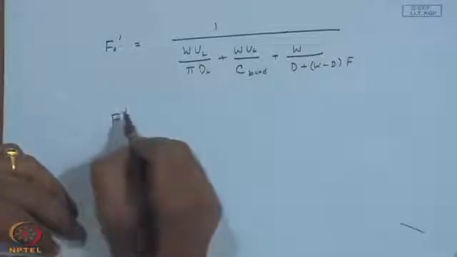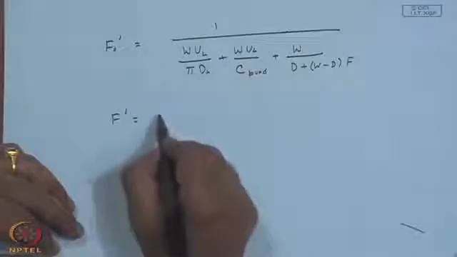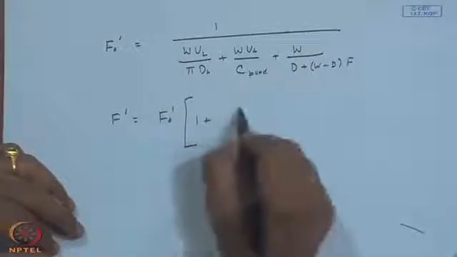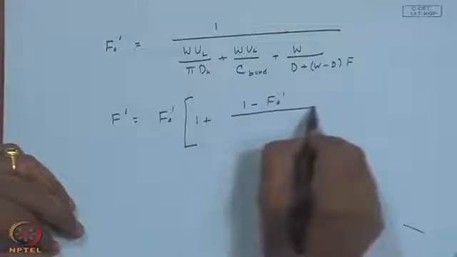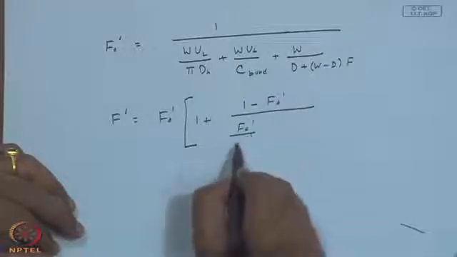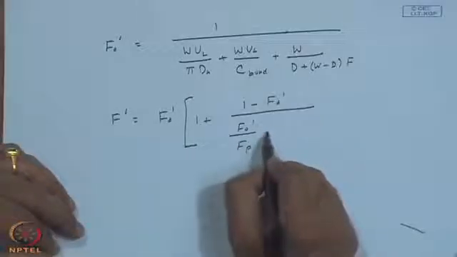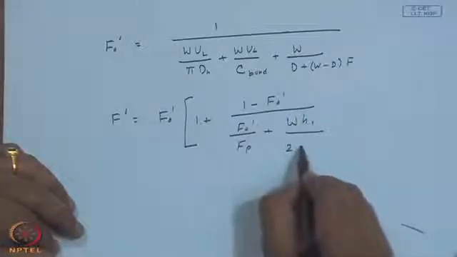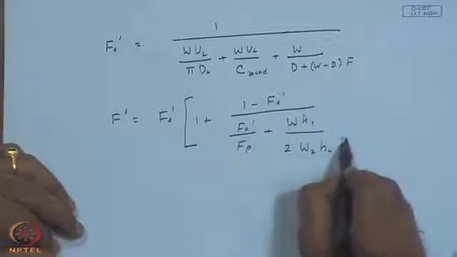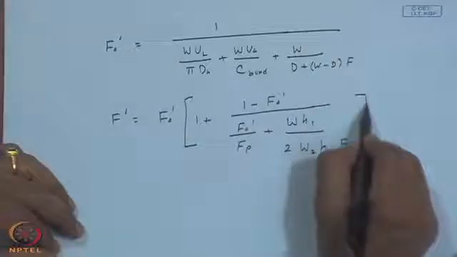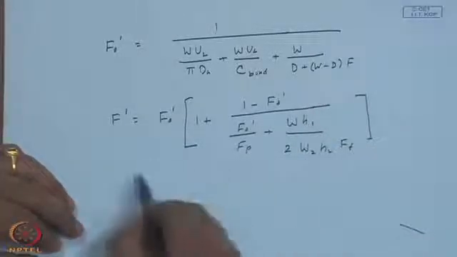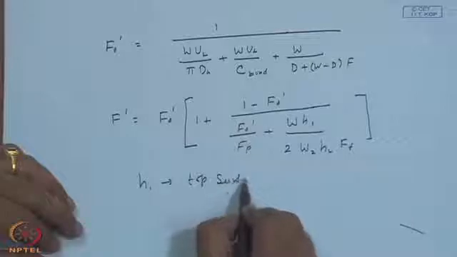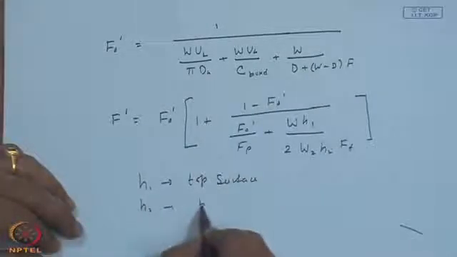Then the collector efficiency factor F dashed is in terms of the fictitious F naught dashed times 1 plus 1 minus F O dashed by F naught dashed by F P plus W H 1 by 2 W 2 H 2 F F, wherein again the heat transfer coefficients H 1 and H 2, H 1 for the top surface and H 2 for the bottom.